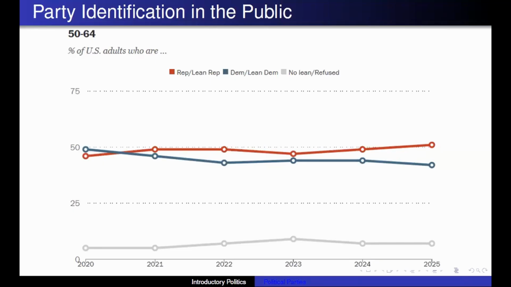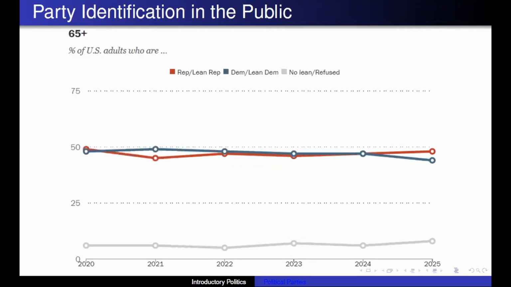Based on this data, we see that in general, roughly half of adults in this age category consider themselves to be Republican, with a little bit more than 40% considering themselves to be Democrat. When we go to our oldest age category of those who are age 65 and older, we see again something interesting here, that it's basically 50-50. Roughly half of adults in this age category identify as Republican and half identify as Democrat.